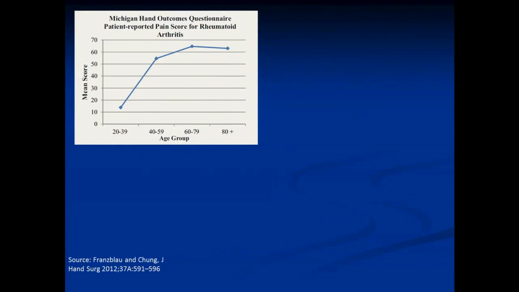I'm going to show you 3 different graphs. Let's start with this one. What do we think about this? These are categorical age groups, and the average pain scores in each. Make sense? Do you see a problem?